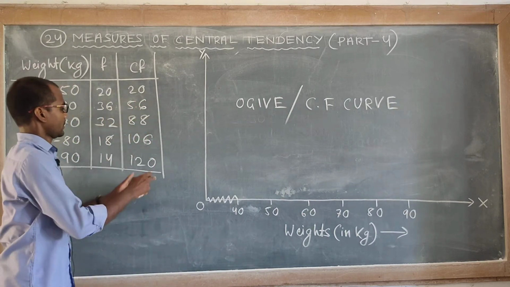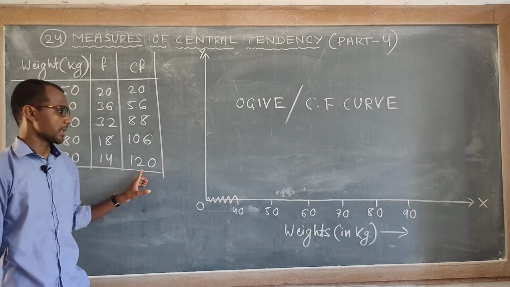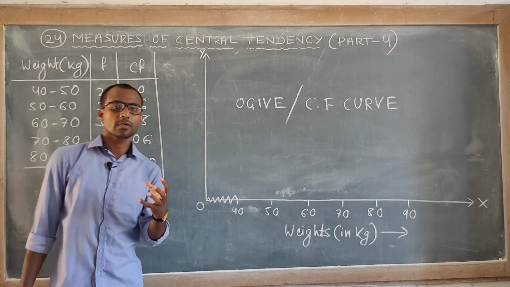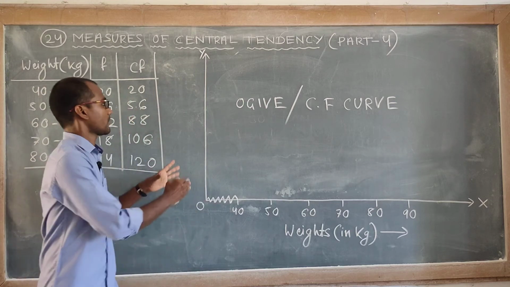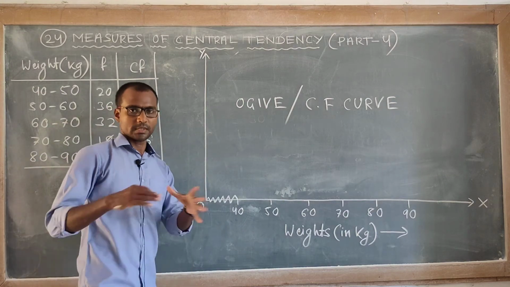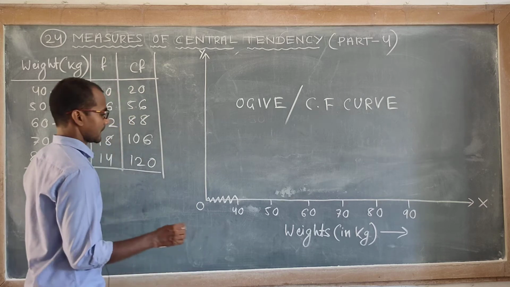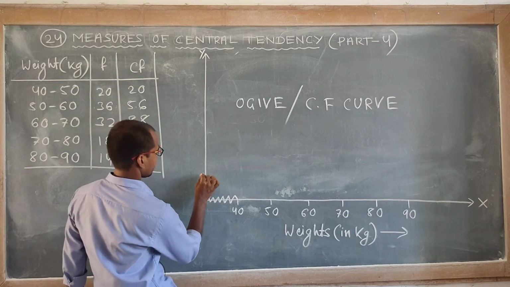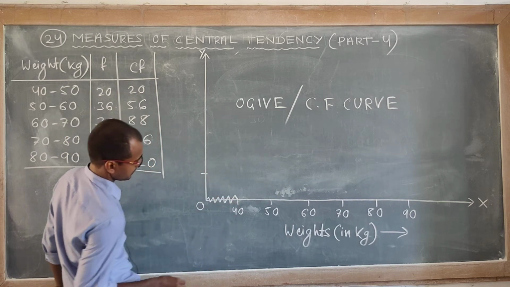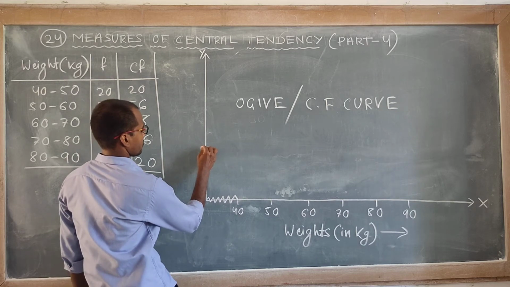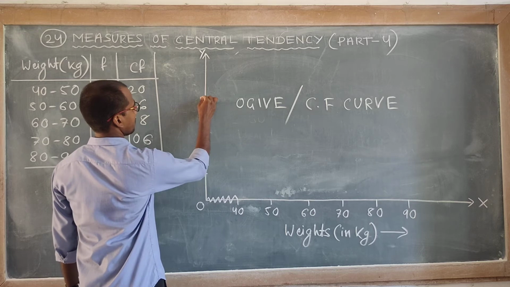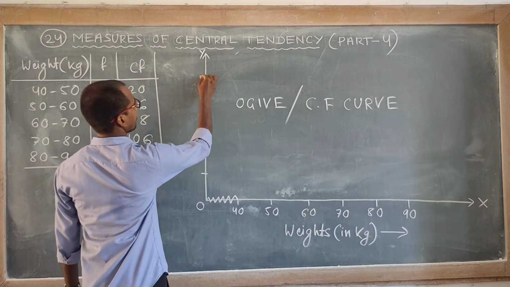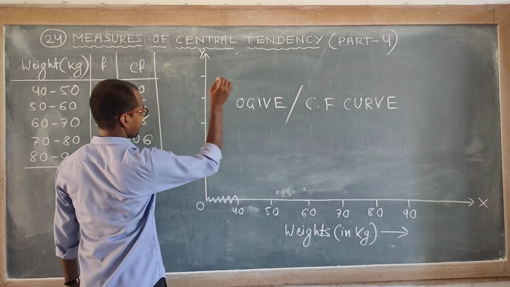Now see, the highest cumulative frequency is 120. So I have to choose such a scale so that I will be able to represent 120 along the y-axis. I do not have enough space, so I have to choose a certain scale for this. Suppose 2 cm I am taking. This is 2, 1, 2, 3, 5.